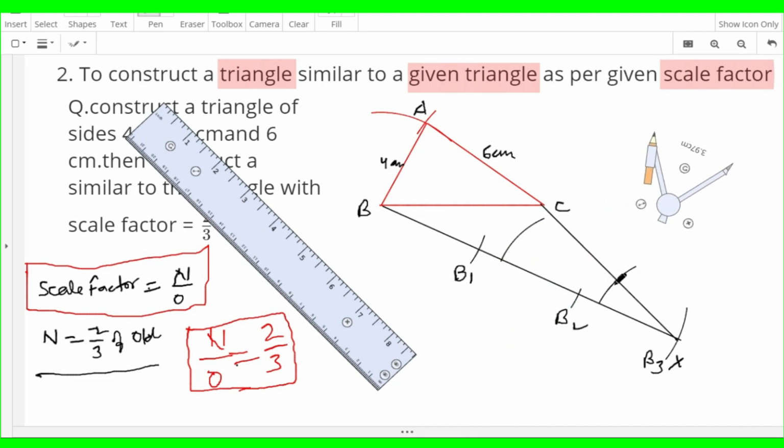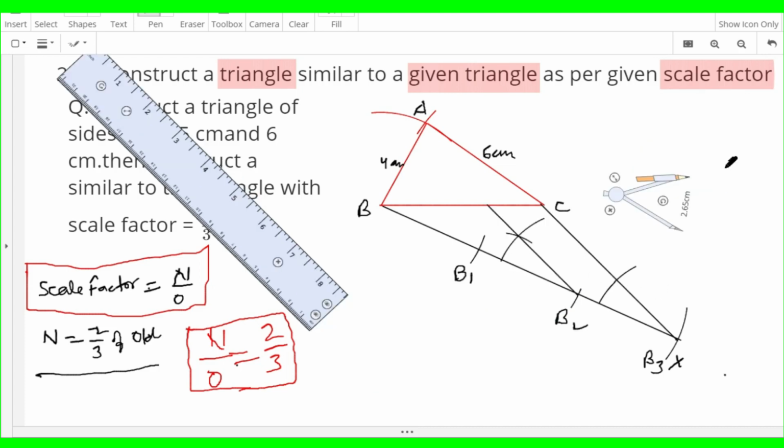Thereafter you cut the same slope on this line. Here we have got one point, named C dash. So this is one vertex we have got.